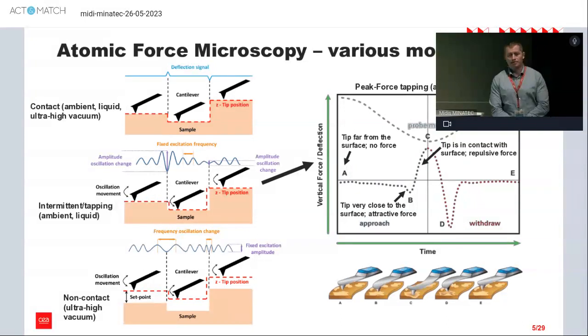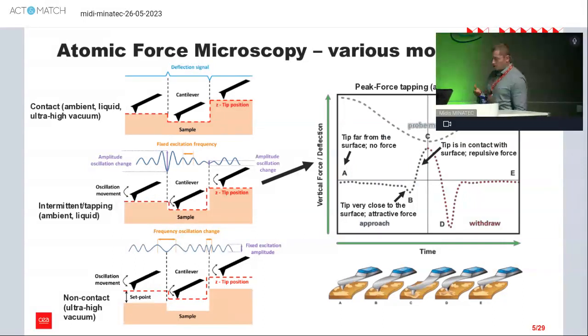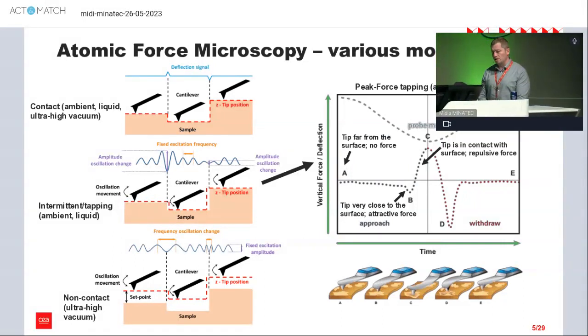Here the cantilever will oscillate and we keep the amplitude of this oscillation constant to scan the topography. There is a variant of this mode, which is called peak force tapping. Here also the cantilever will oscillate, but we control the deflection of the cantilever in each oscillation cycle.